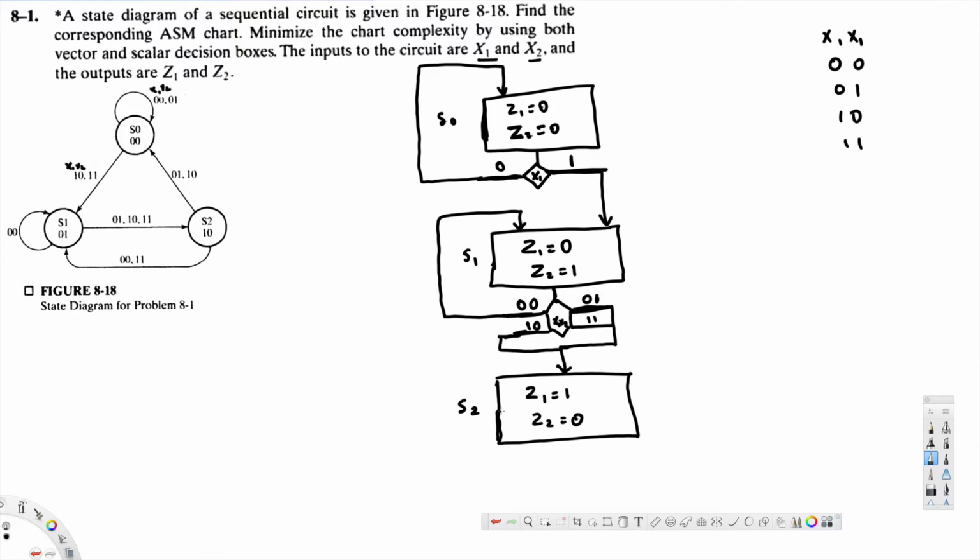Okay, now let's see what are the things going outside from S2. From S2, if it's 0 0 or 1 1, it goes to S1. So again, I put a vector decision box. X1, X2, 0 0, 0 1, 1 0, 1 1. Now from S2, if it's 0 0 or 1 1, it goes to S1.